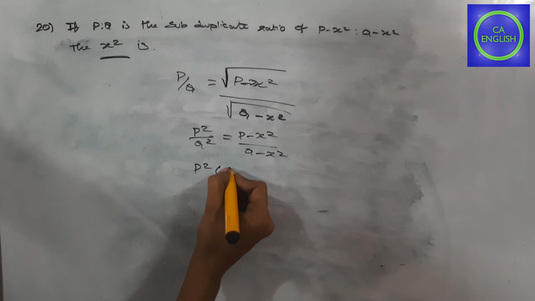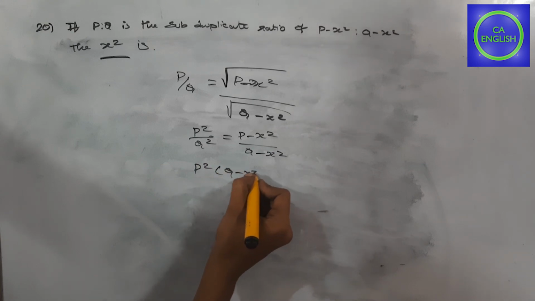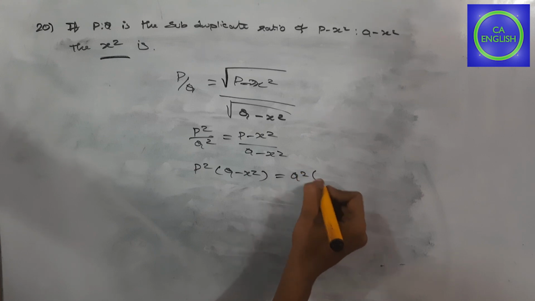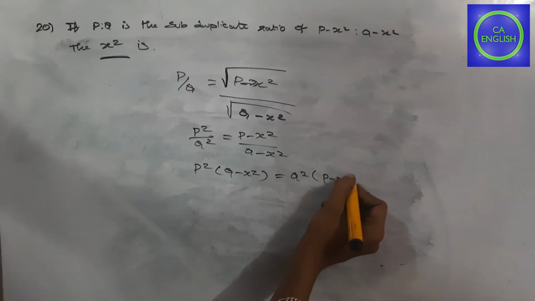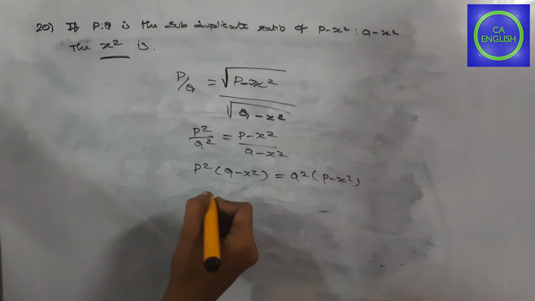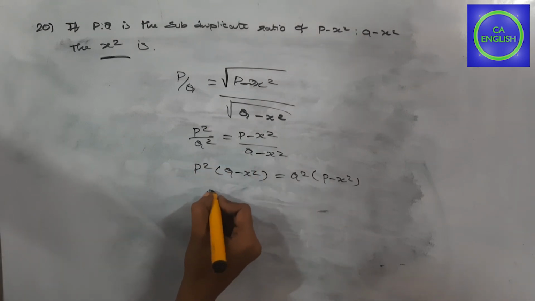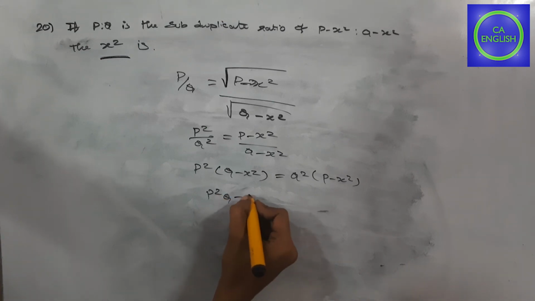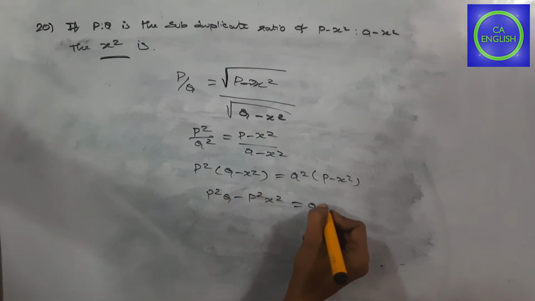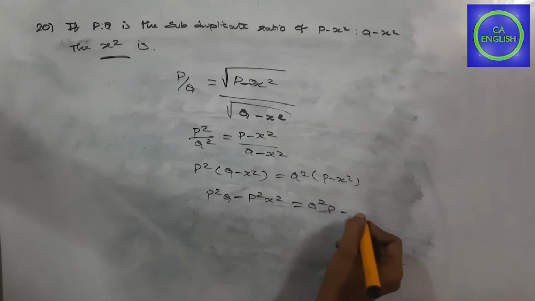P square into q minus x square equal to q square into p minus x square. Just multiply with their terms. P square q minus p square x square equal to q square p minus q square x square.